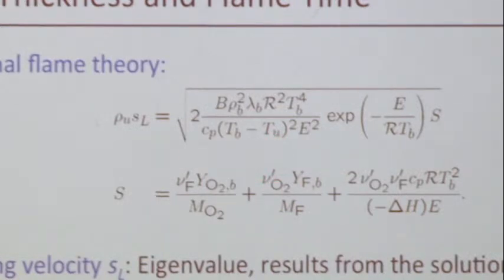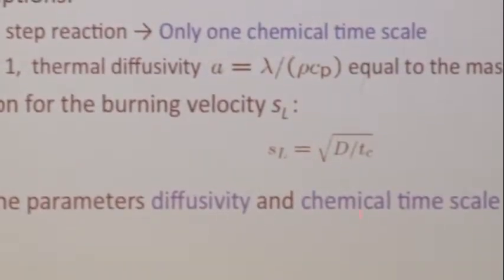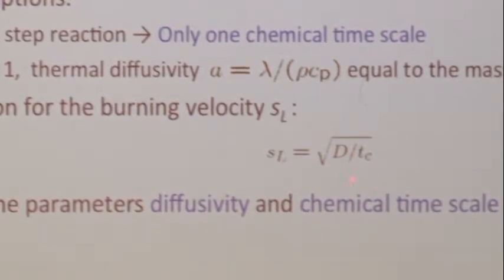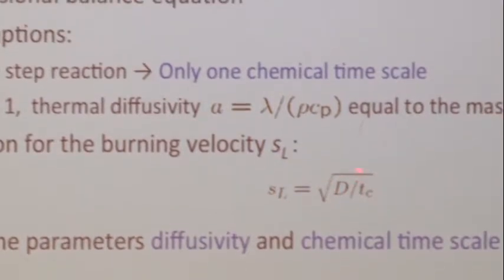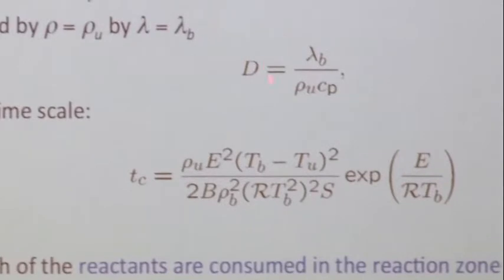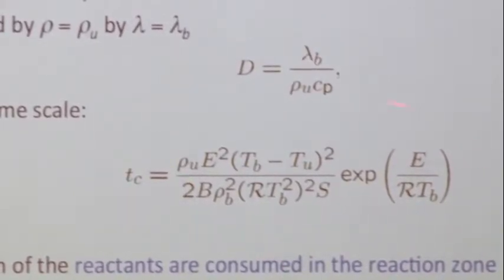So we can write SL as the square root of a diffusion coefficient divided by Tc, where the diffusion coefficient is basically this lambda over rho Cp, and Tc is all the rest. All the rest has dimensions of a time scale. So the d here is just this, and the Tc is all the rest. This is the chemical time scale.